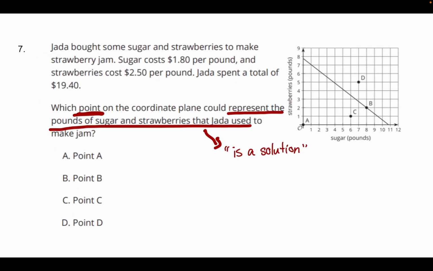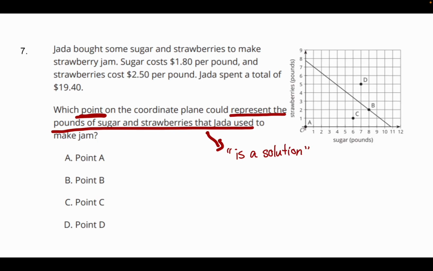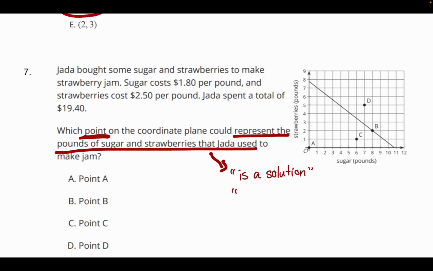So really, in a roundabout way, they're just asking me to figure out which of these points lands on the graphed line. And that answer is going to be point B. So I'll just put a little highlight mark around it, and then I will circle my answer.